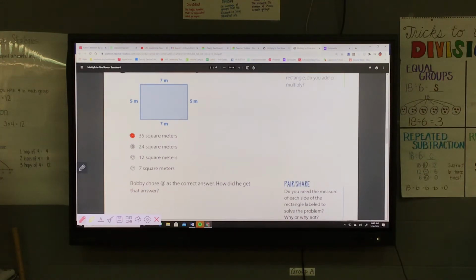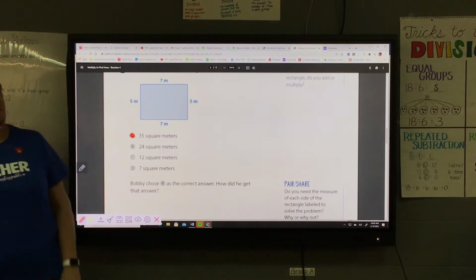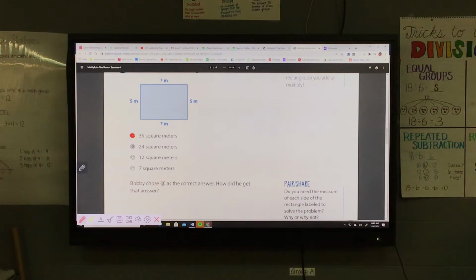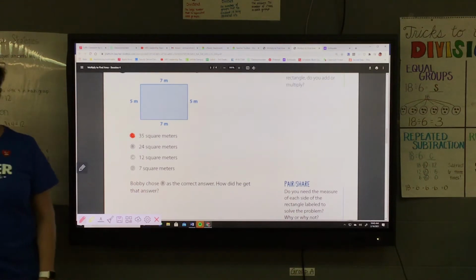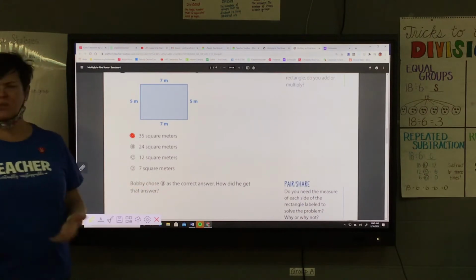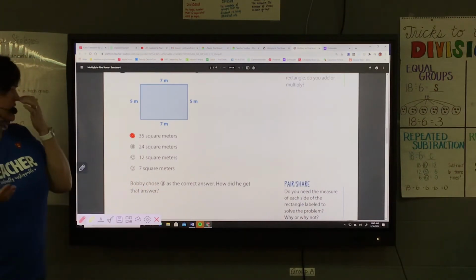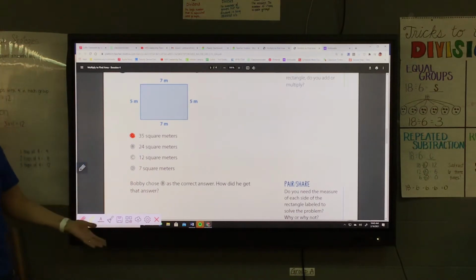How would Bobby have gotten 24? Because even if you multiplied wrong, that's still nowhere near what it should be. So what did Bobby do wrong?